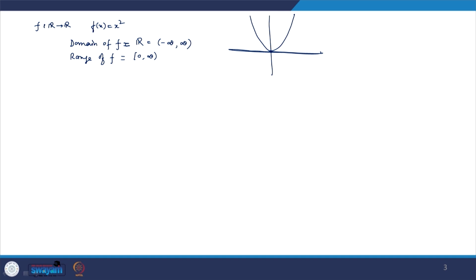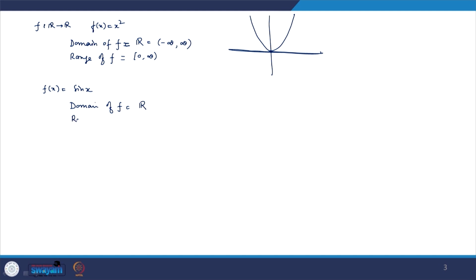Okay. Now, let us talk about another example, say f(x) equal to sin x. What is the range and domain of this function? We know that sin is defined for every real x. You put x equal to -1, -2 or any other real x, it is always defined, so the domain of the function is the whole real line.